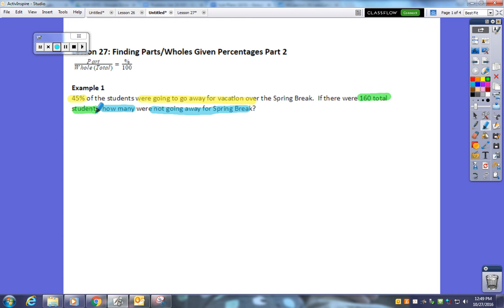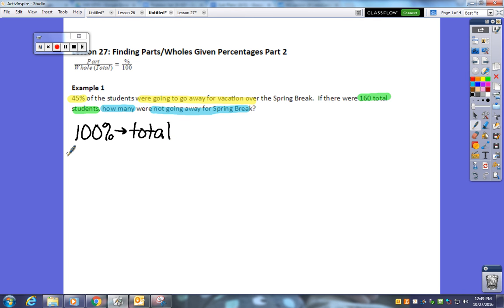When we have a problem like this, where the question is asking for a number that doesn't match up with the percent, we can use the idea that a total percent is 100 to subtract the percent that we're given to find the other percent. Let me show you what I mean. 100% is always a total percent.